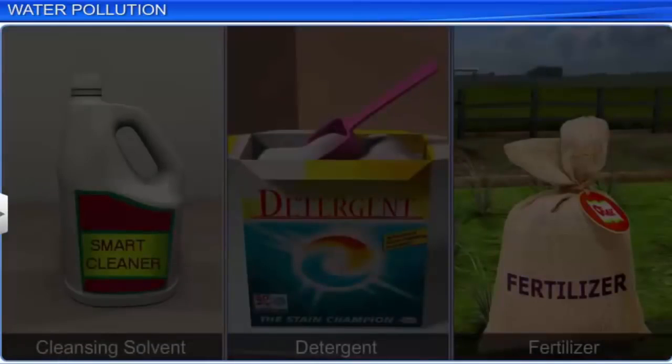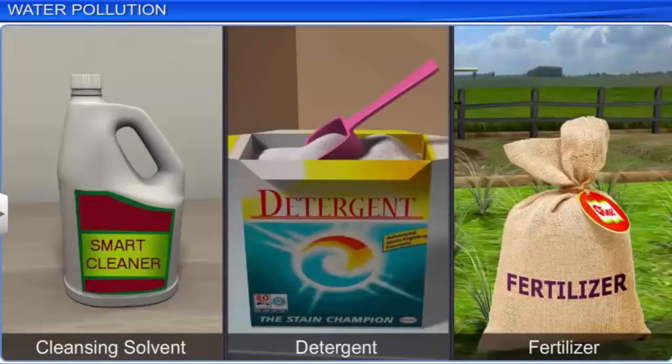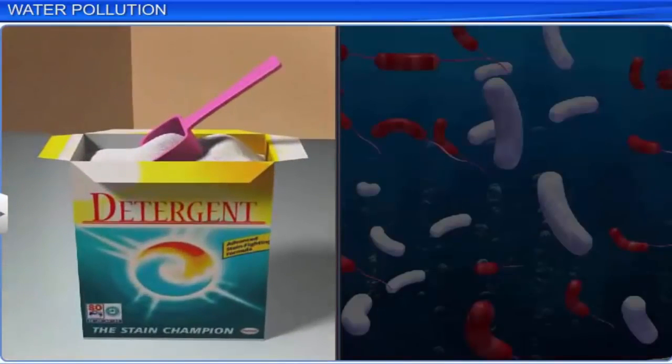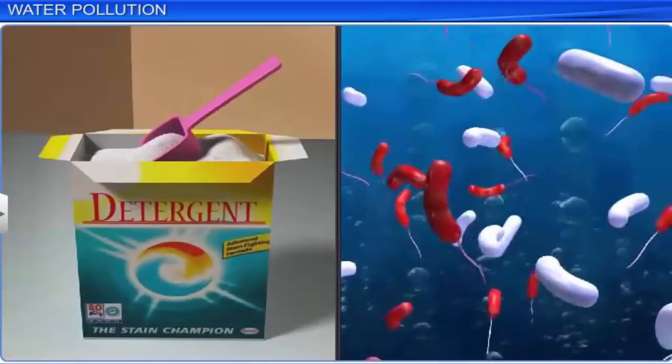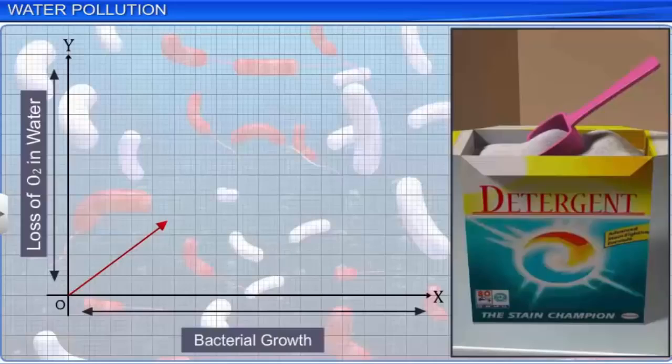PCBs are used as cleansing solvents, detergents, and fertilizers. Bacteria that decompose biodegradable detergents grow rapidly on it. These bacteria reduce the oxygen in water and cause a threat to other aquatic life.